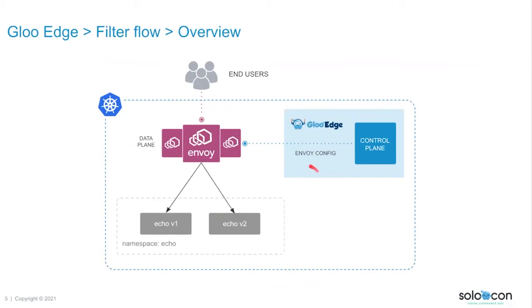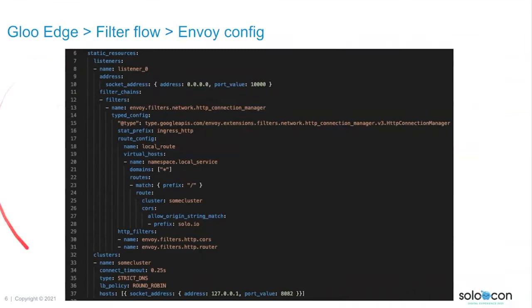But what does an Envoy configuration look like? Well, if we have a look at this simple Envoy configuration file, then you can see two different blocks. The first one is listeners and will define the server sockets. The second block is named clusters, and that will define upstream servers. A listener is bound to a network filter chain, and the most common network filter is the HTTP connection manager.